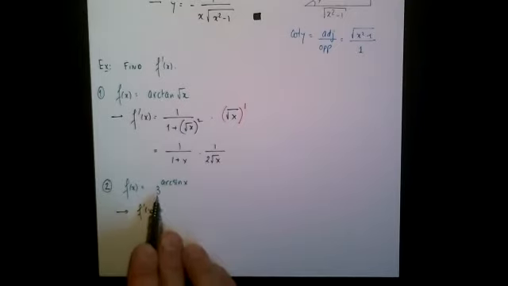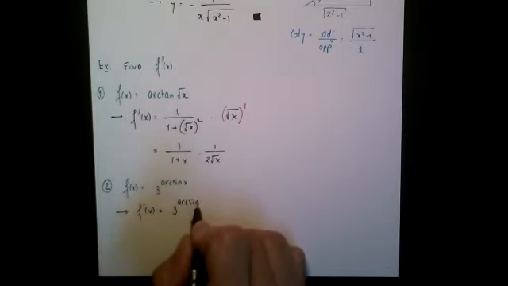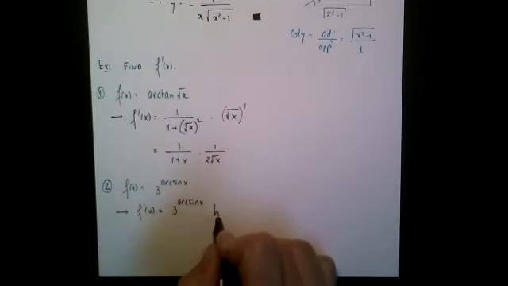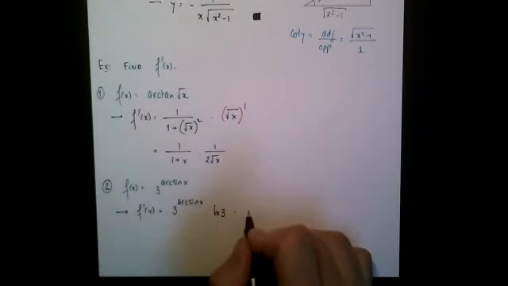Okay, so the derivative of a power stays: 3 to the power of arc sine of x times ln 3 times the derivative of the exponent.